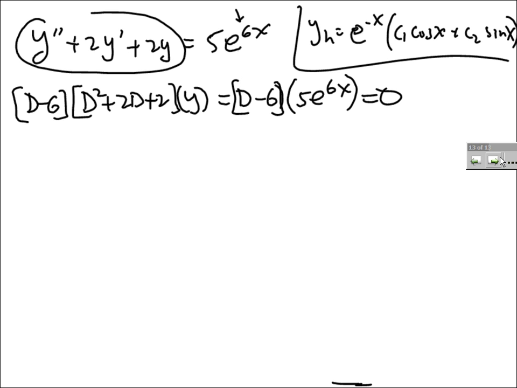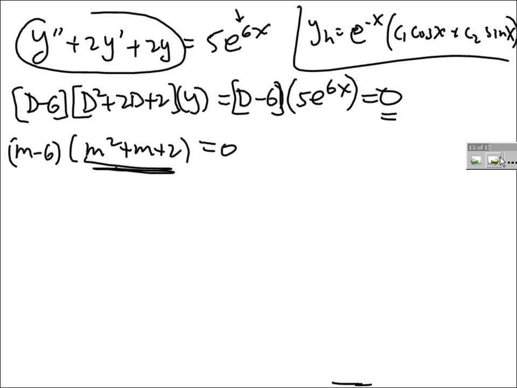Okay. Now, if you started to see something, we get d minus 6 times d squared plus 2d plus 2, and we set it equal to 0. But that's exactly what we had earlier when we solved the homogeneous equation.